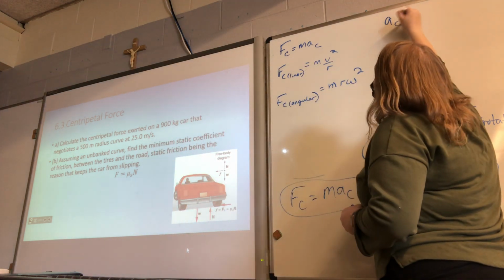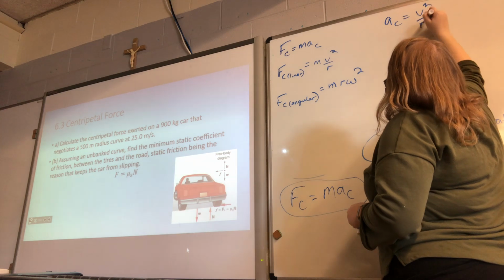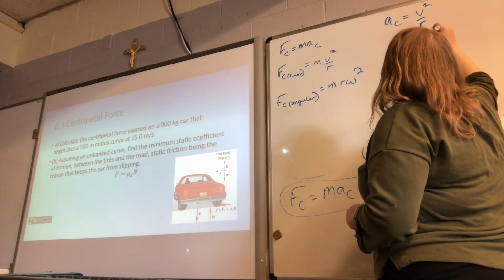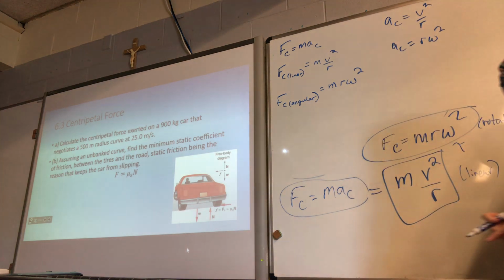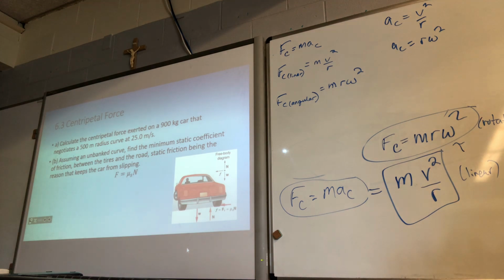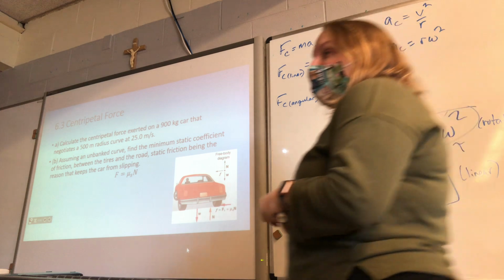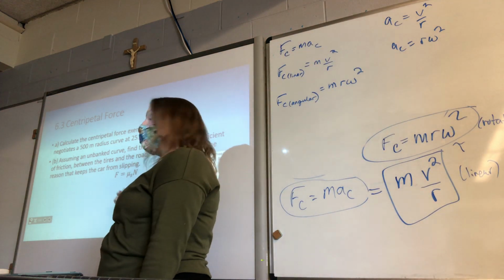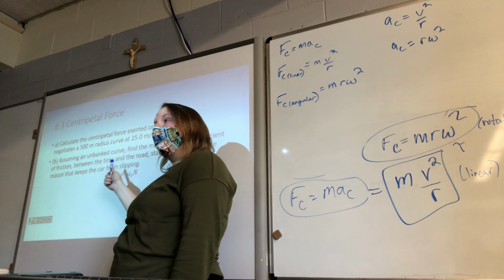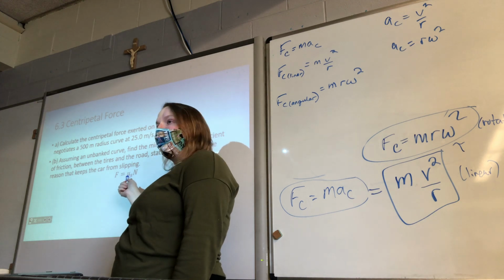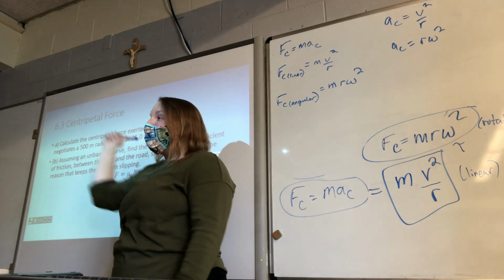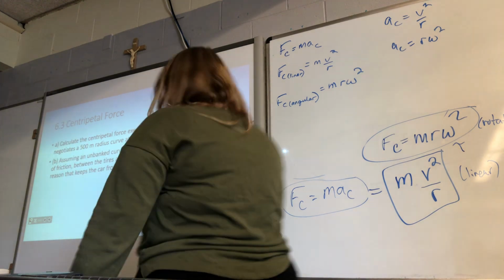Some of the new stuff from today. Is there anything else I missed? I don't think so. You'll notice that in section B, that equation should look familiar. What is that? Mu, which is the static coefficient of friction. I like it. Yes.